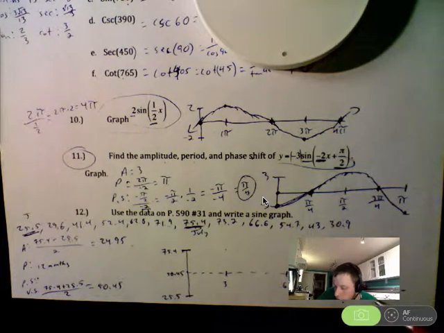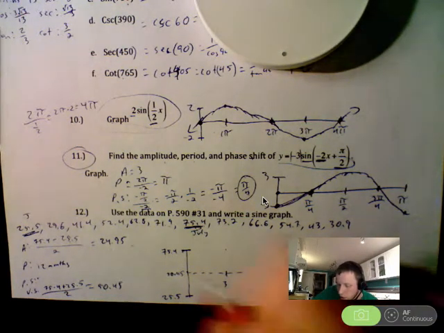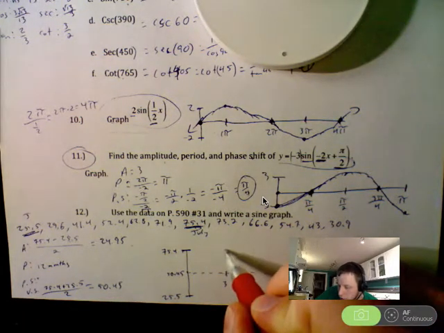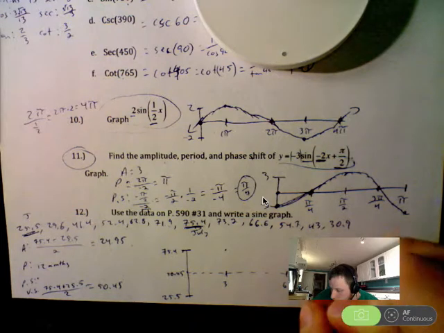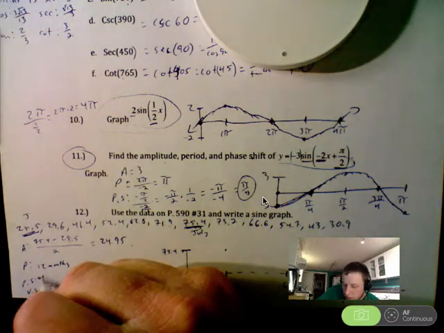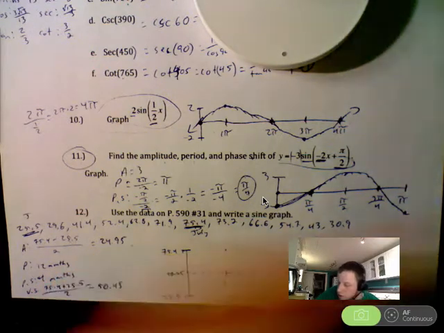But our peak was at 3, now our peak is going to be at 7. So we're actually phase shifting 4 months.